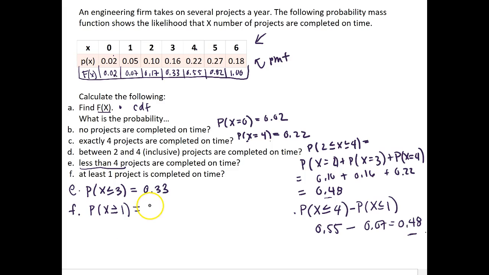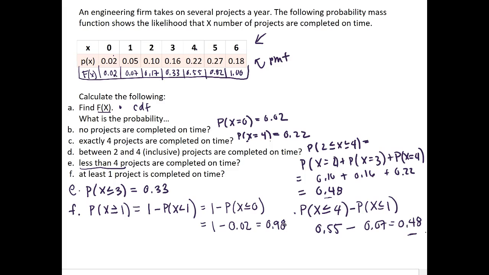This is equivalent to 1 minus the probability that x is less than 1, which is equal to, so this doesn't include 1, 1 minus the probability that x is less than or equal to 0. We can again use our CDF or even our PMF here because it's the exact same value. So 1 minus the probability that x is less than or equal to 0 is 1 minus 0.02, which is equal to 0.98.